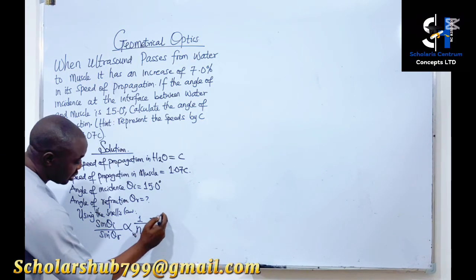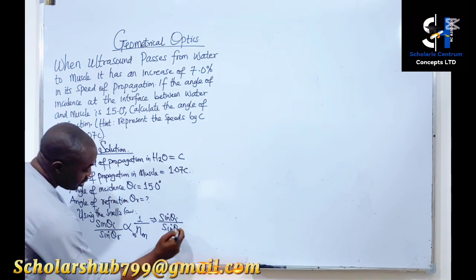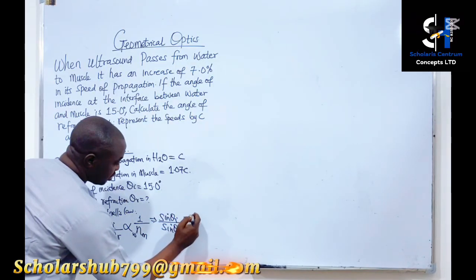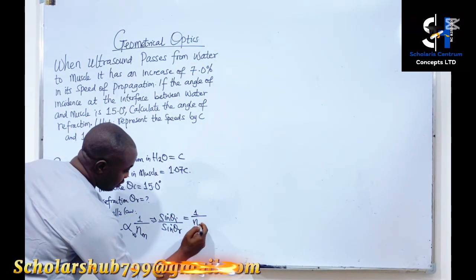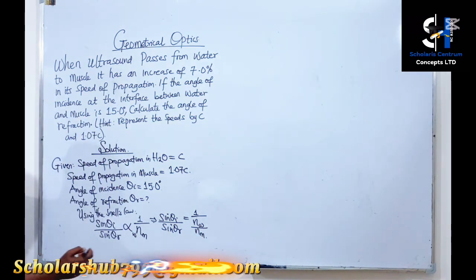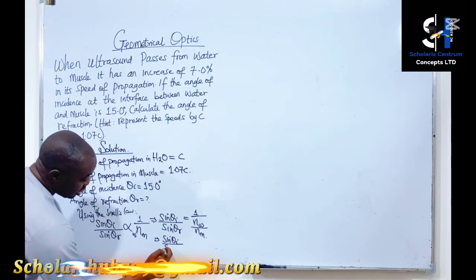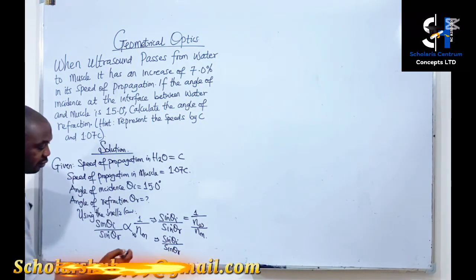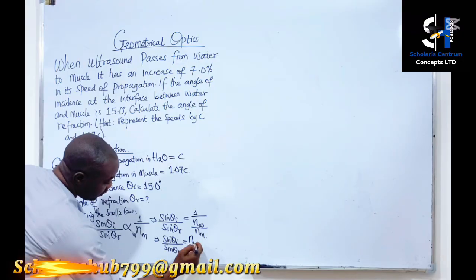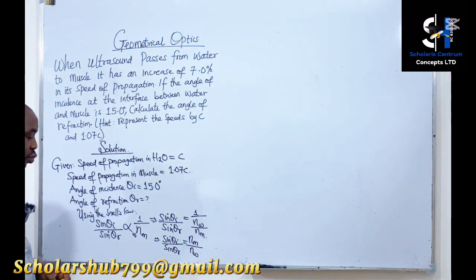So we can write the sine of the angle of incidence divided by the sine of the angle of refraction equals the reciprocal of the index of refraction in water and the index of refraction in muscle. This becomes the sine of the angle of incidence divided by the sine of the angle of refraction equals the index of refraction in muscle divided by the index of refraction in water.